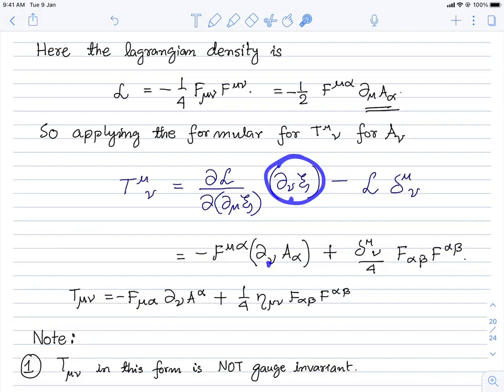This quantity is del nu A alpha, which is this new quantity here. But this object is the same thing as this object here, therefore this alpha index is the same as this alpha index. I hope this point is clear. Because this differentiation I did with del mu A alpha, this A alpha should be the same A alpha here. So that's the idea.